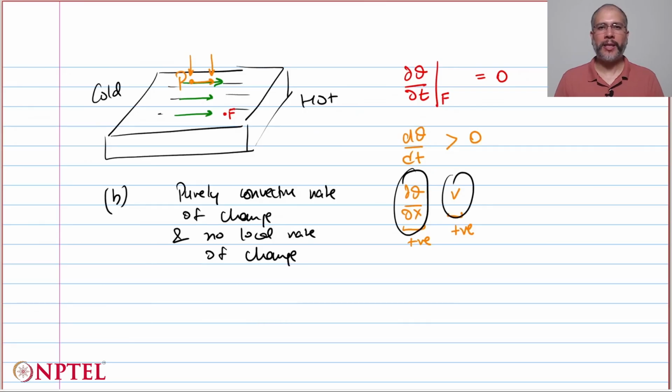So I'm giving you a very intuitive understanding of the material derivative in this case. Now generally, we'll have contributions from both the local and the convective rate of change. So this was purely for the sake of intuition. I gave you two extreme cases where in case A, there was only a pure local rate of change, and in case B, there was purely a convective rate of change.